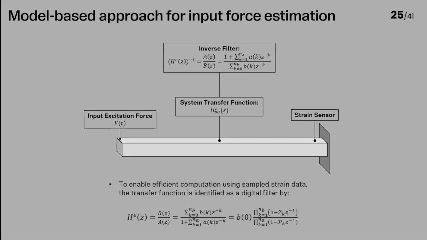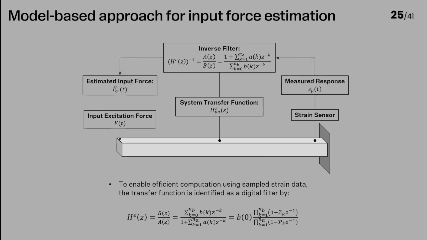And to enable efficient computation by using the sampled strain data, the transfer function is identified as a digital filter by the following equation. And by applying the inverse of this filter, we can accurately estimate the input force from the measured strain data.